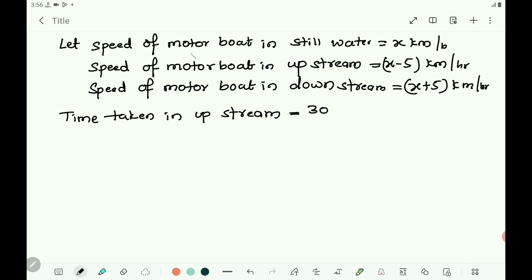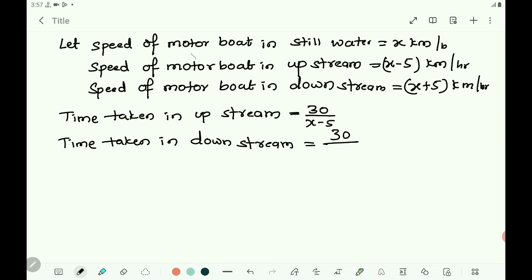Then 30 by x minus 5, and time taken in downstream equals 30 by x plus 5, that is in hours.